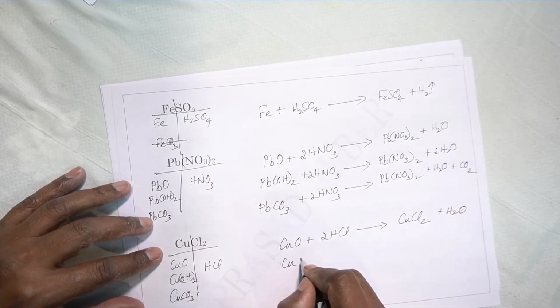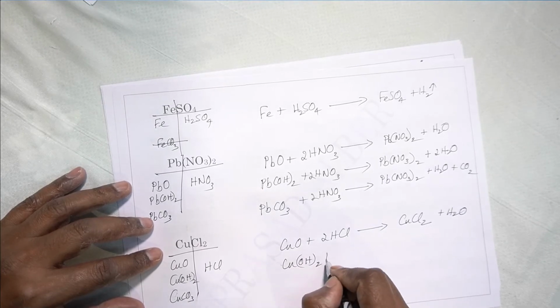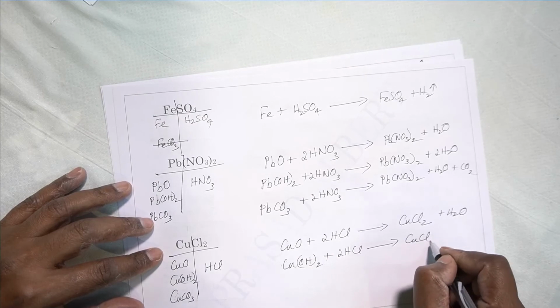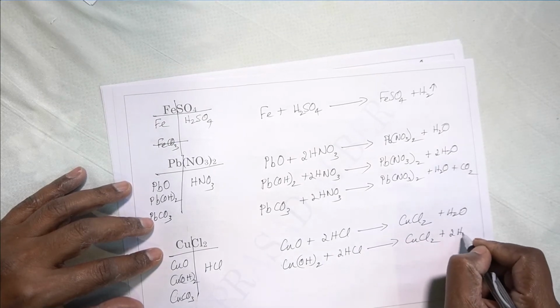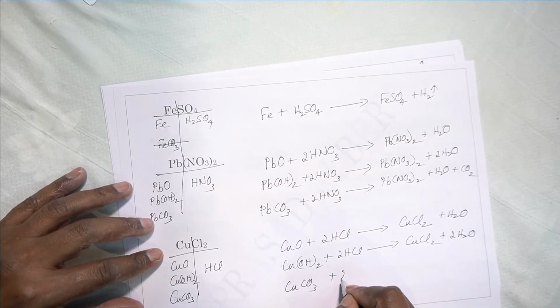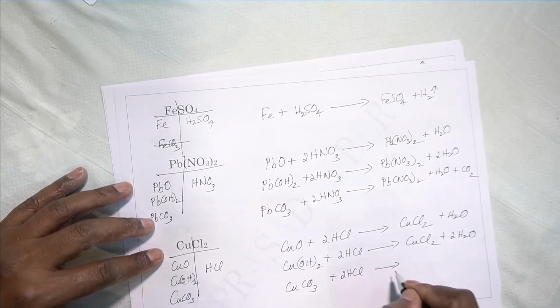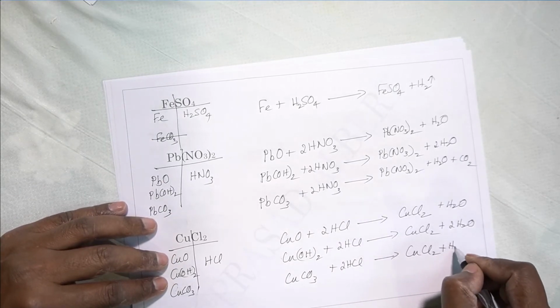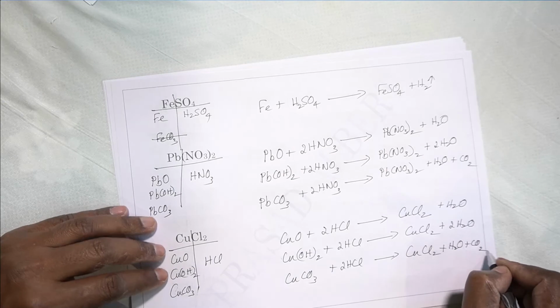And Cu(OH)2 plus 2HCl again. You get CuCl2 plus 2H2O. Yes. CuCO3 plus 2HCl. You will get CuCl2 plus H2O and CO2, right? So 3 equations for copper chloride.